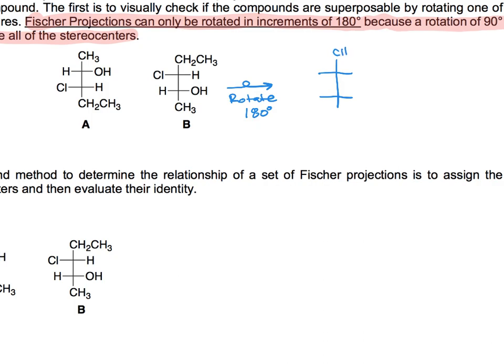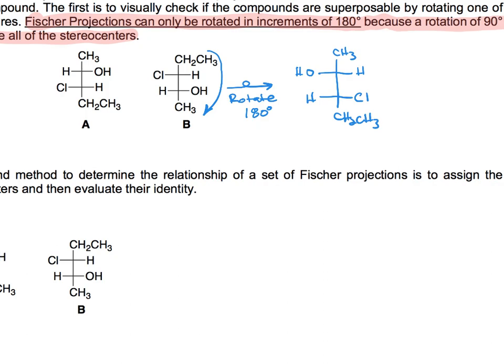This would be CH3. This would be CH2CH3. And so as we rotate, chlorine's going to be here. That means this is going to be our hydrogen. OH is going to be here. This is going to be your H. So again, we're rotating the whole molecule that way. And so we get this compound.